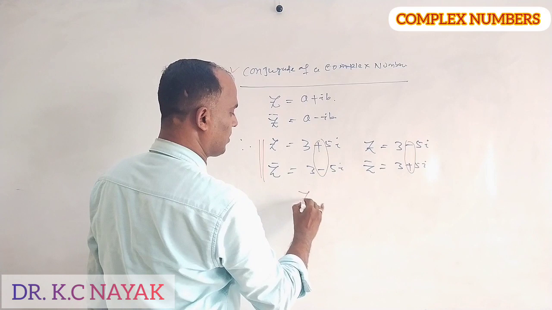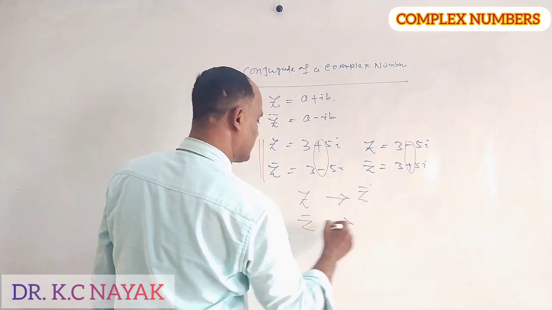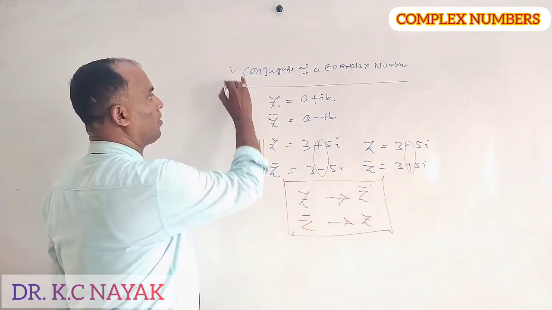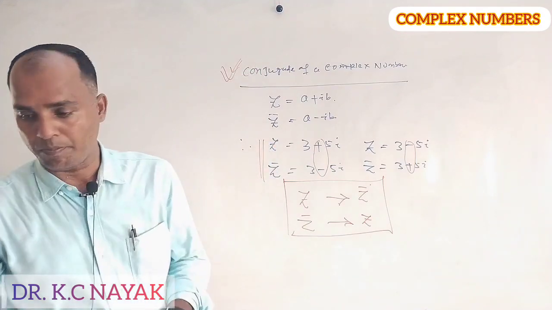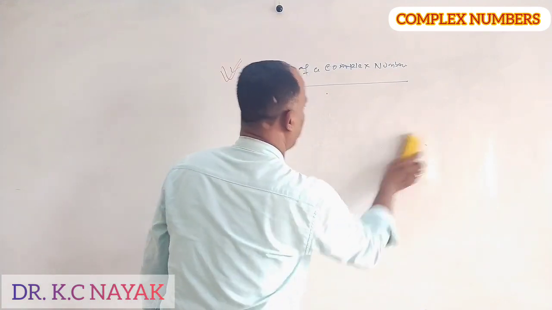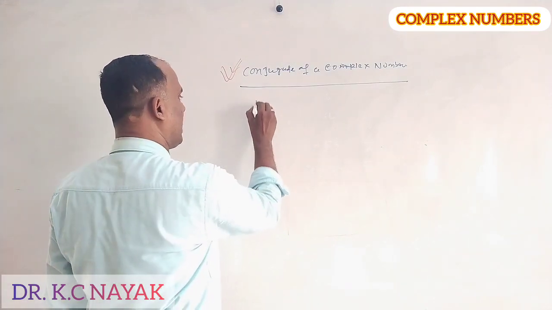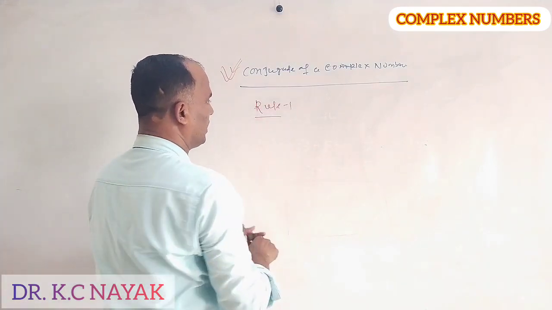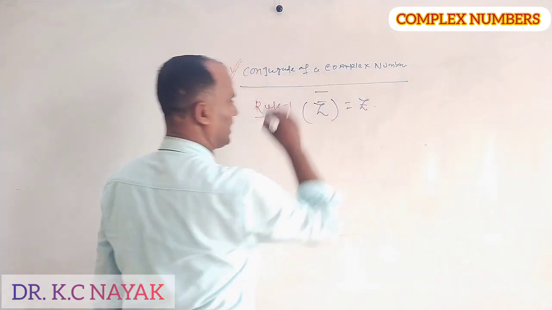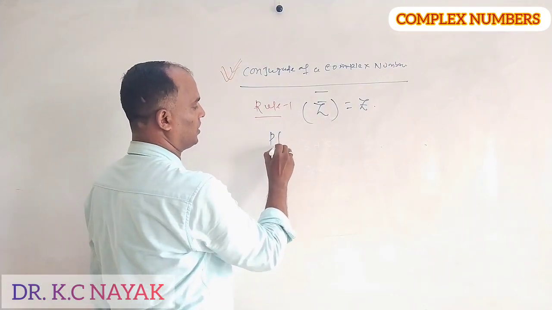If Z is a complex number, the conjugate complex number is Z bar. If Z bar is the conjugate, then the conjugate of Z bar is equal to Z. That is the rule: Z conjugate whole conjugate is equal to Z. Now I justify it.